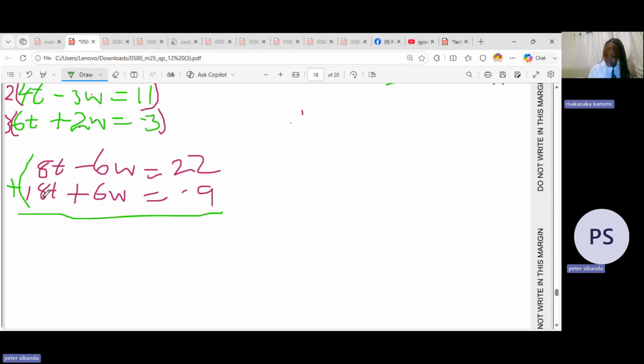You had 8 and then you add 18. This is addition. I don't see subtraction there. How are we ending up with a minus sign? 8t plus 18t? 26t.